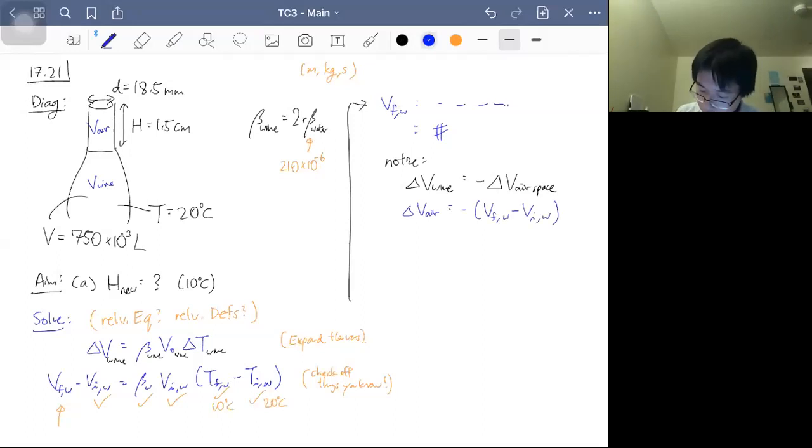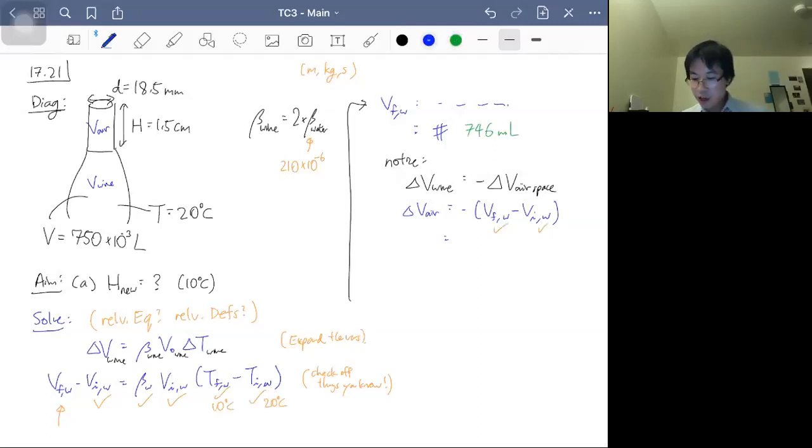All right, so let me tick off things I know. This I know, this I know, all right? So just to get some idea, I think I was solving this before. So this should be 746 milliliters final.